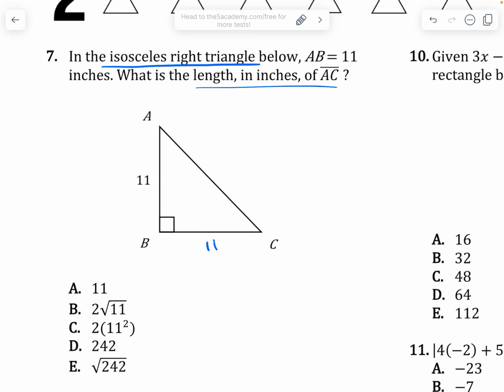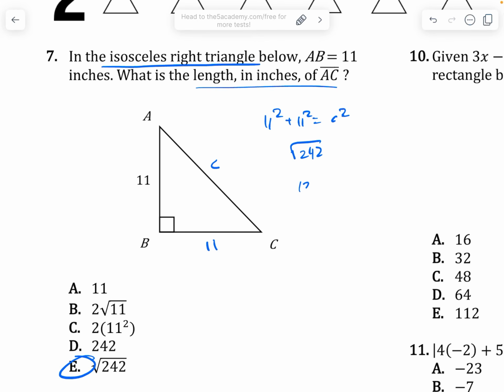It's asking for what is the length in inches of AC. You can either do a Pythagorean theorem, 11 squared plus 11 squared is equal to, we'll call this C squared, and you end up with square root of 242. Okay?